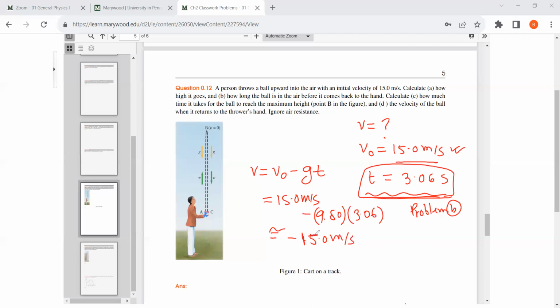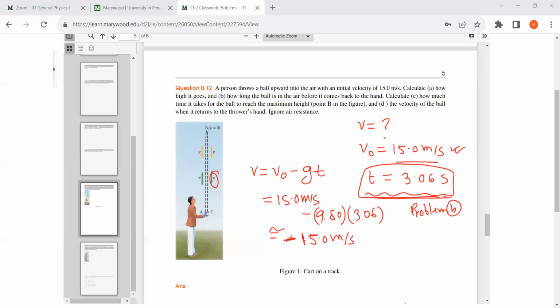But it is negative. Remember that it is negative, because before it hits the lady's hand, it is going downward, right? Because it is going downward, the direction should be negative, and we get that by getting a negative sign.